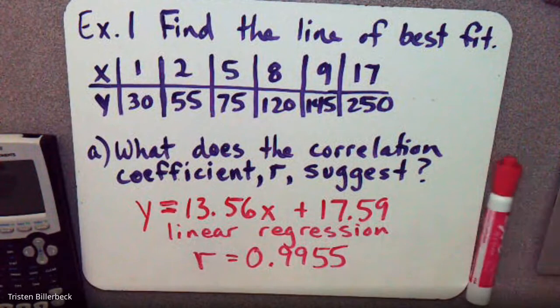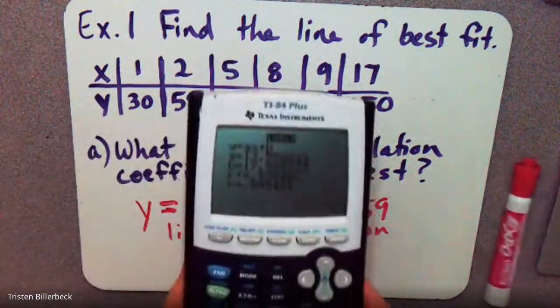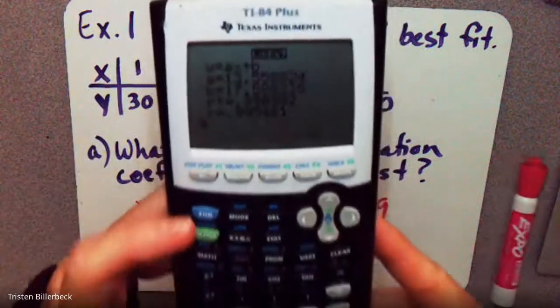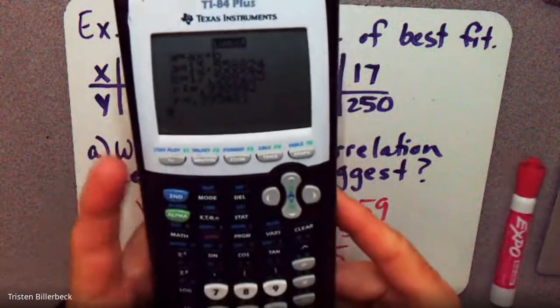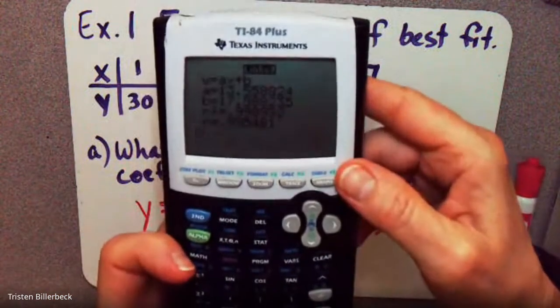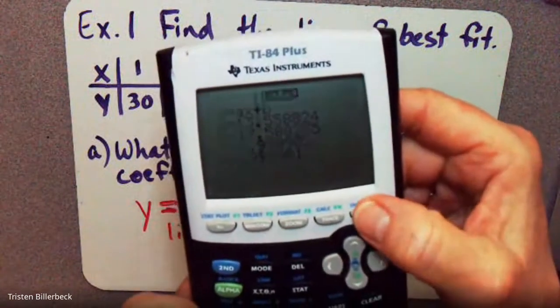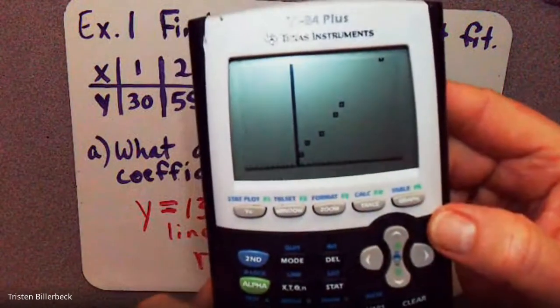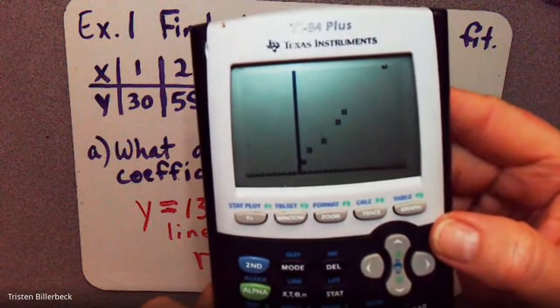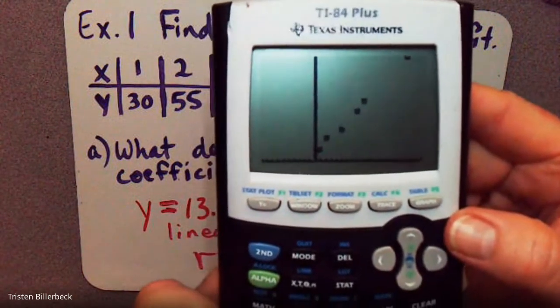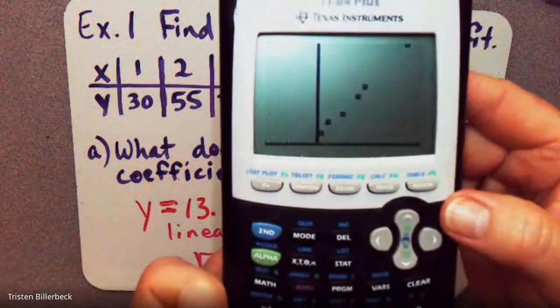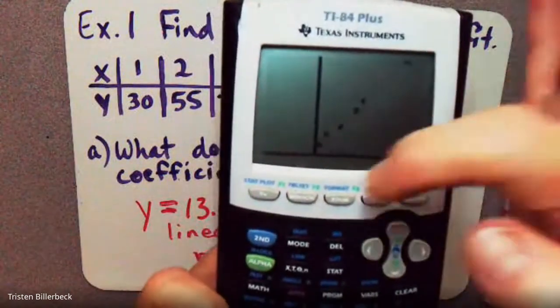So that means that this data, if we plotted it using stats plot, well, I've set it up with stats plot already. So we'll hit this graph button, and you can see that's the data plotted. Aren't graphing calculators wonderful? Okay, so it gave us that data set.